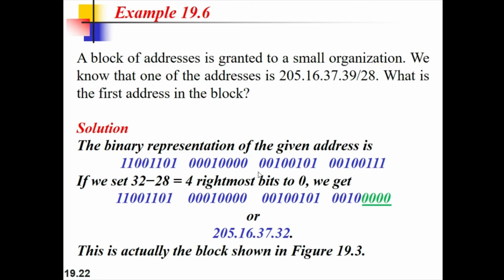So the 4 rightmost bits to 0: 1, 2, 3, 4. Change these 4 rightmost bits into 0, and we will get this. Convert back into decimal, and you will get 205.16.37.32. So this IP address is the first IP address of this block of IP addresses.